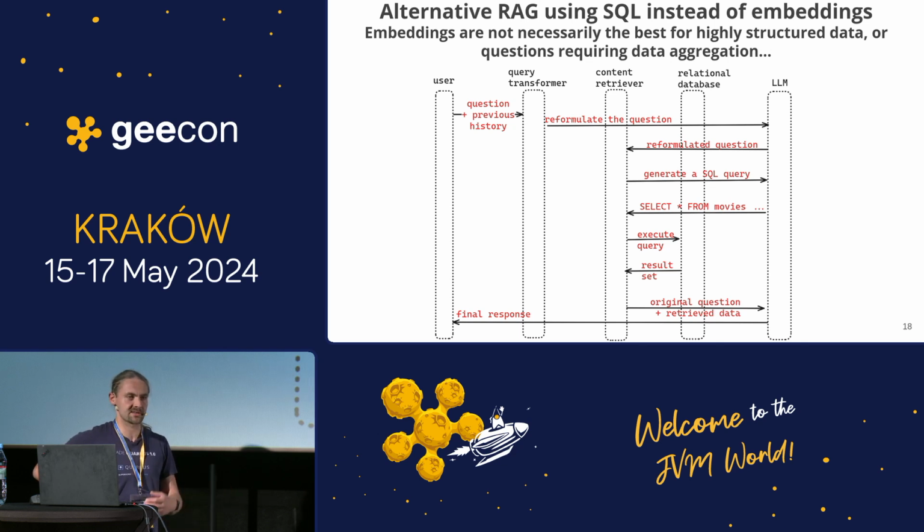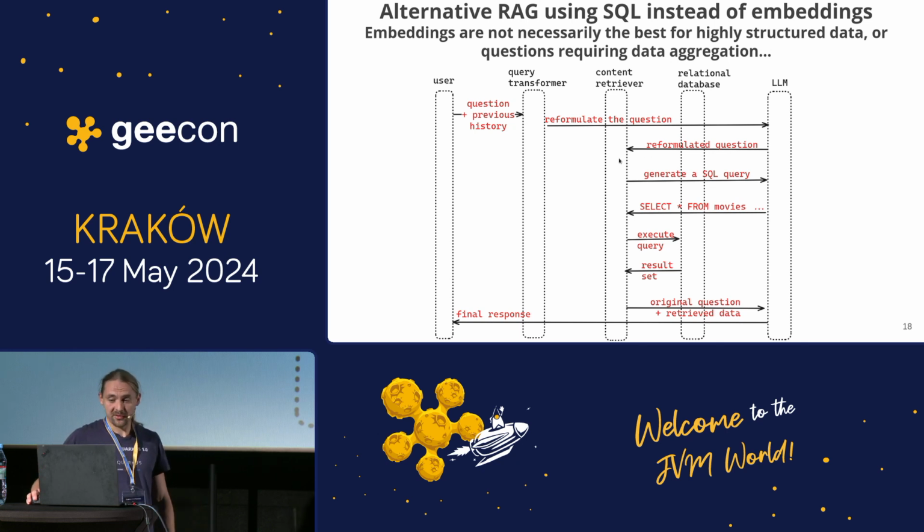So he just asks, when was it released? And the query transformer will take the full history and reformulate the question to something like, the release date of Inception. And by that, we can increase the accuracy of how the LLM will be able to generate a useful SQL query to answer the question.